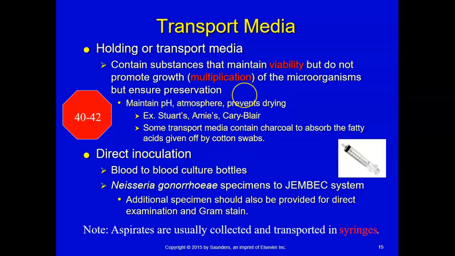And some of these bacteria are very fragile or somewhat fragile, so you need to maintain their atmosphere and prevent them from drying out for sure. And examples of this are Stuart's, Amies, and Cary-Blair, and we'll talk about those more as the semester progresses. And remember, aspirates are usually collected and transported in syringes, but those needles need to be removed.